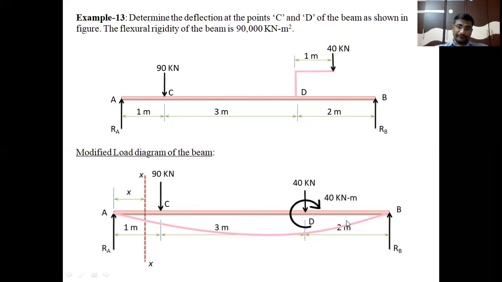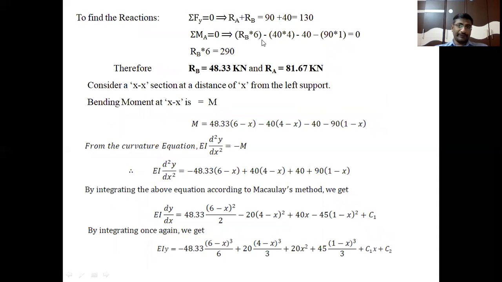That is equal to 0. So RB into 6 minus 40 into 4 minus 40 minus 90 into 1 equal to 0. This minus 40 is the moment. This minus 40 is the load. So RB into 6 is equal to 290. After calculating these things, 290.